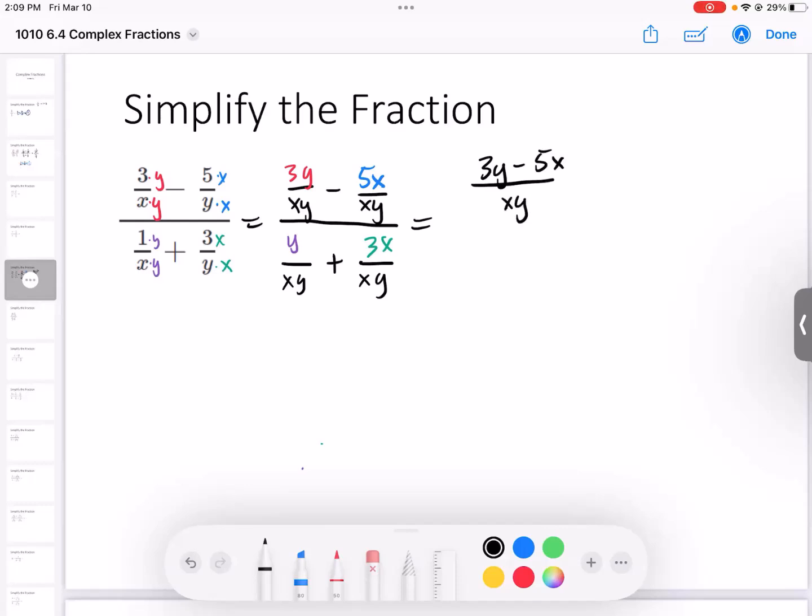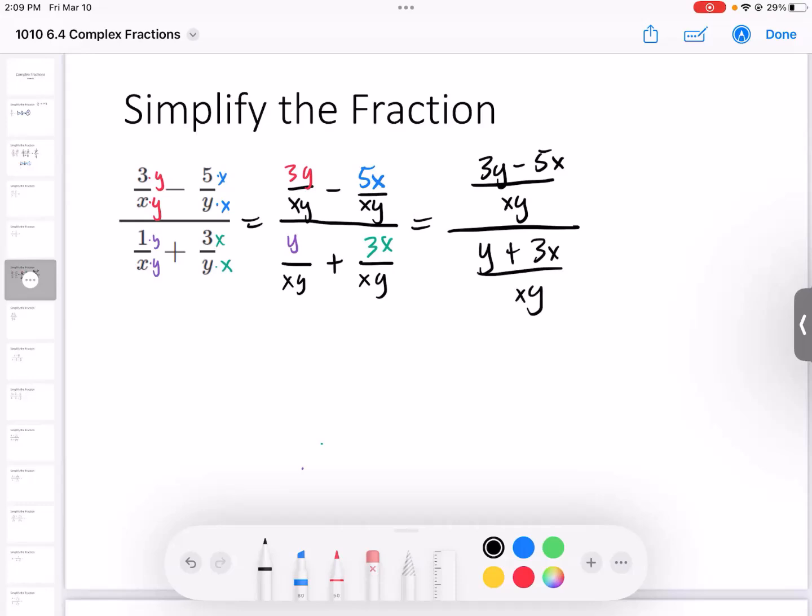The fraction has a polynomial in the top, so it's kind of a complicated fraction, but it's still just a single fraction, versus over here, we had 2 fractions. So that's the top part of my big fraction that I'm trying to simplify. Then the bottom part is going to have Y plus 3X, so I'll do Y plus 3X over XY.